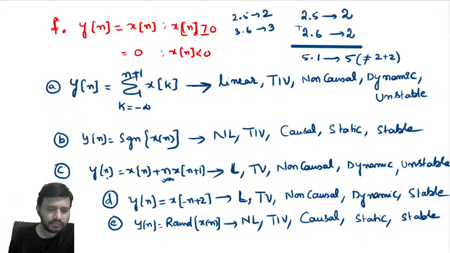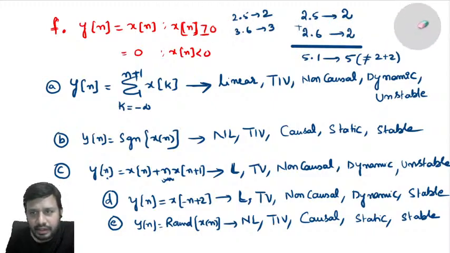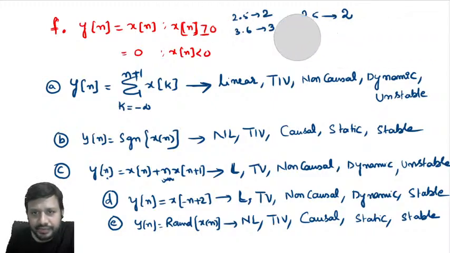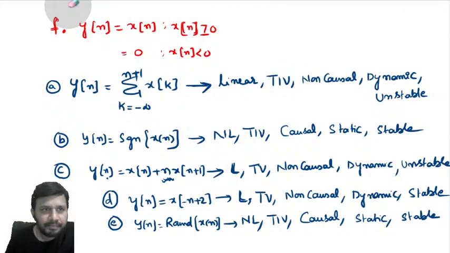Okay. Now the last one, F. Let me erase this. Y of n is x of n if x of n is greater than or equal to 0, and is 0 if x of n is less than 0.